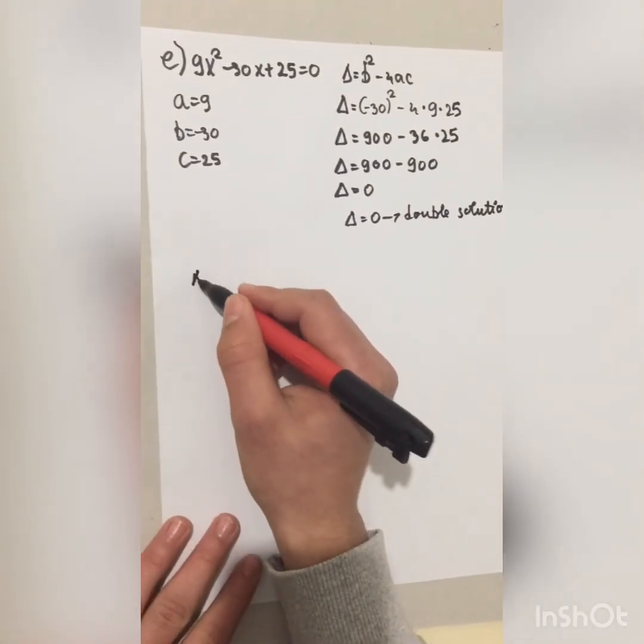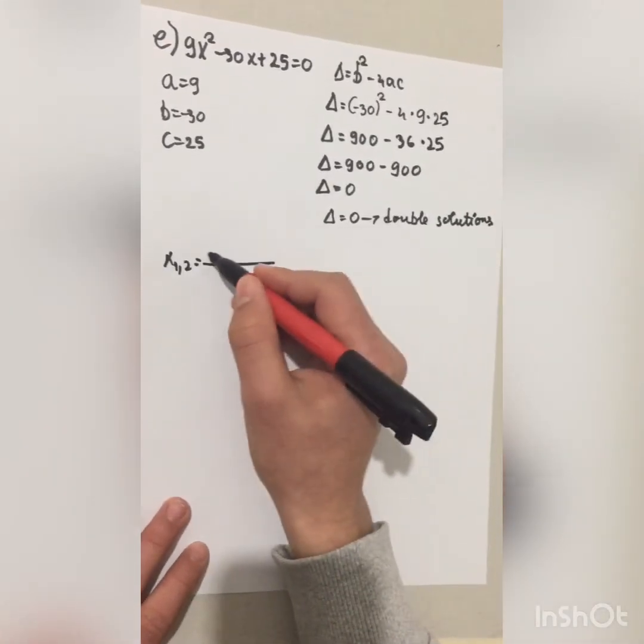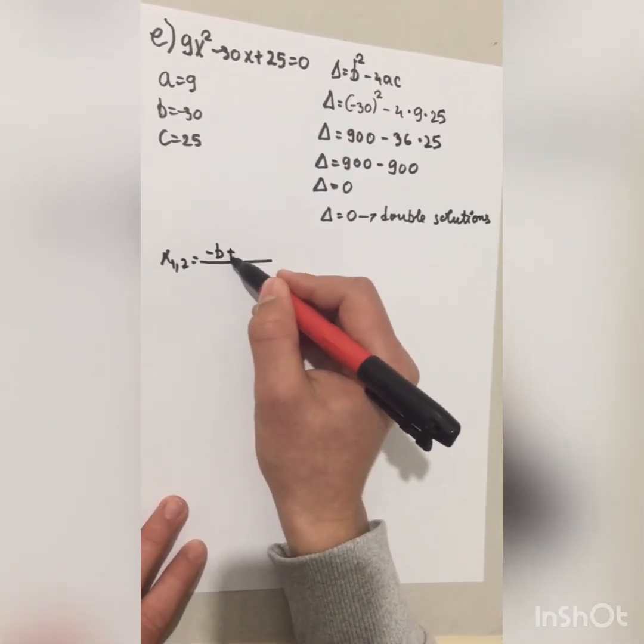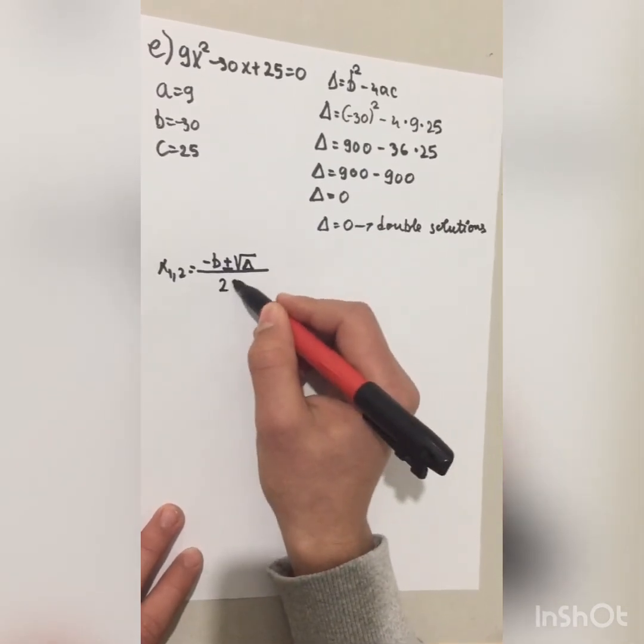Now we have x1 or 2 equal to minus b plus or minus root of delta over 2a.